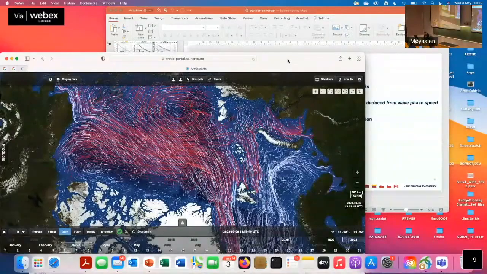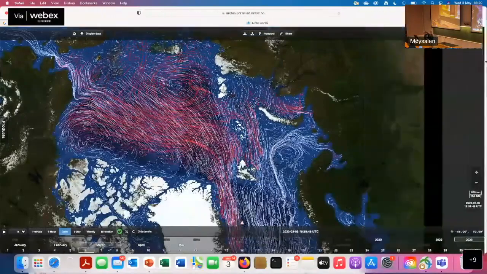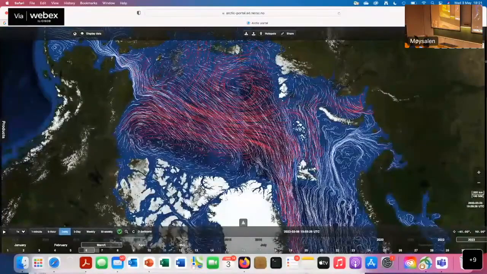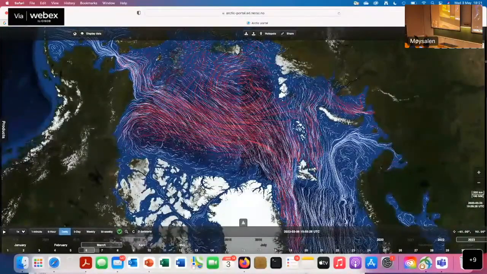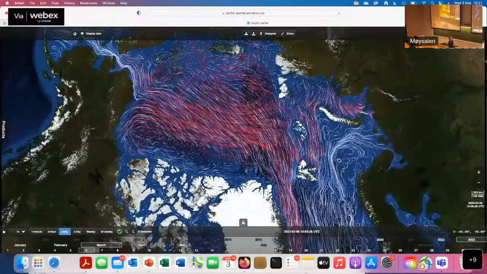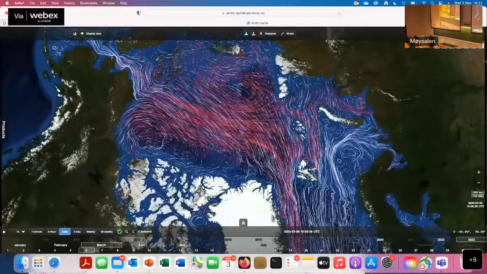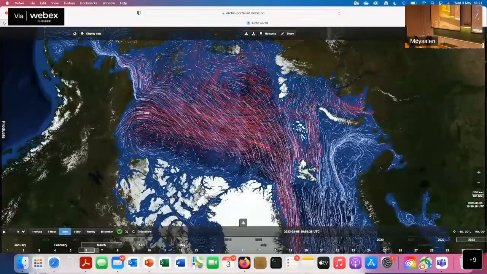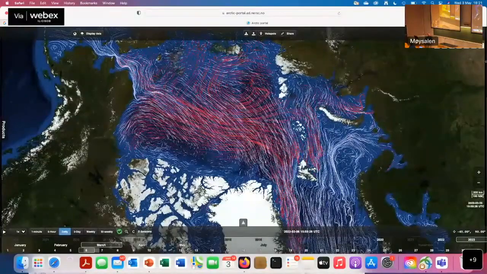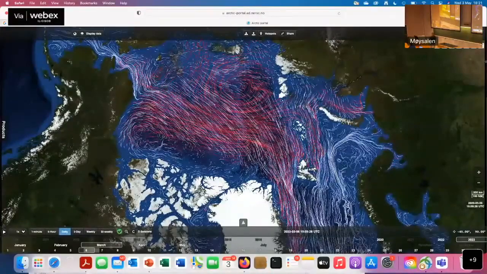Okay. So what you see on this portal now is probably things you've never seen before. It's sea ice drift and upper ocean surface current. The white is the ocean current, and the red is the sea ice drift. The red is the sea ice drift from the neXtSIM model, and the white is the upper ocean surface layer current in the model from the TOPAZ data assimilation system.